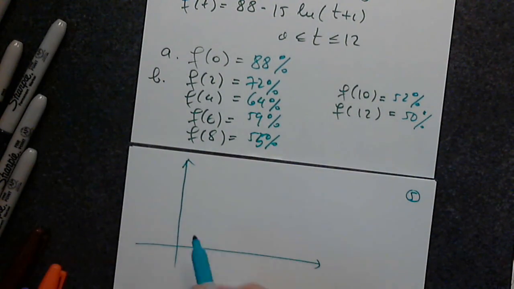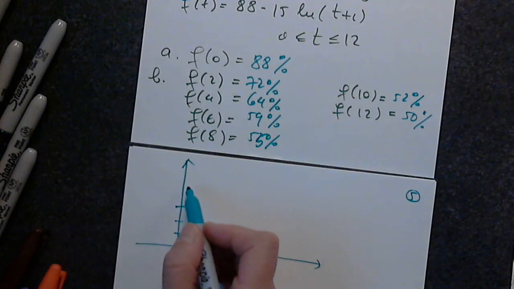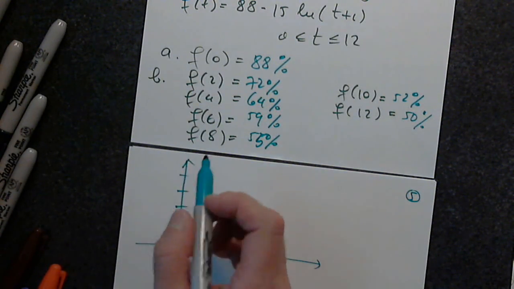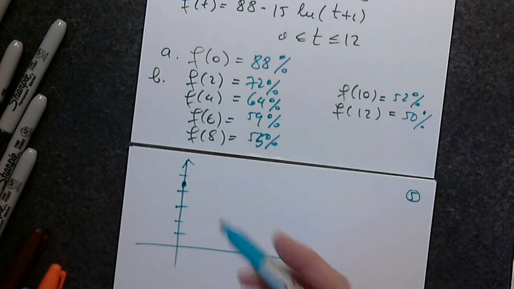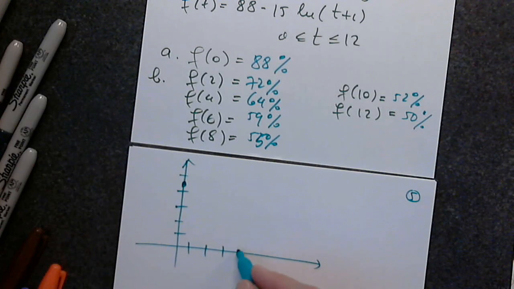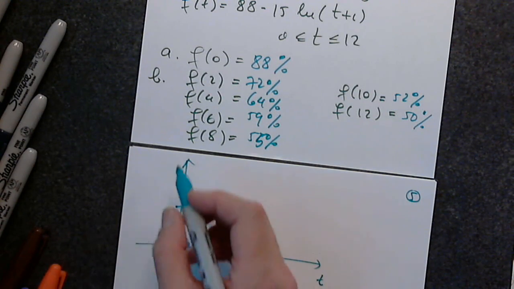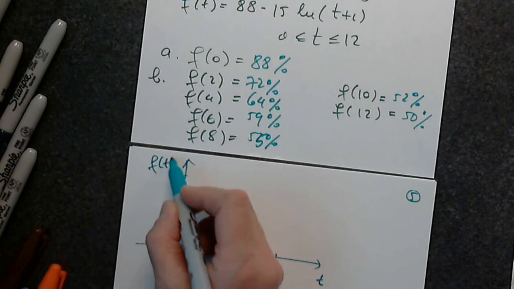88 is the maximum, right? 20, 40, 60, 80, 100. 88 is somewhere here. Then 2, 4, 6, 8, 10, 12. So this is time in months, and this is f of t.